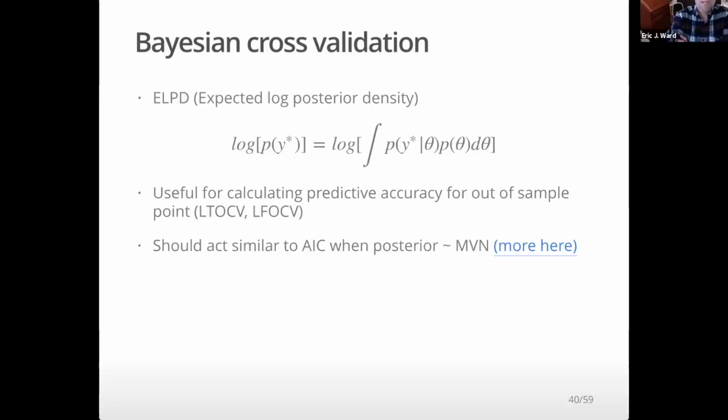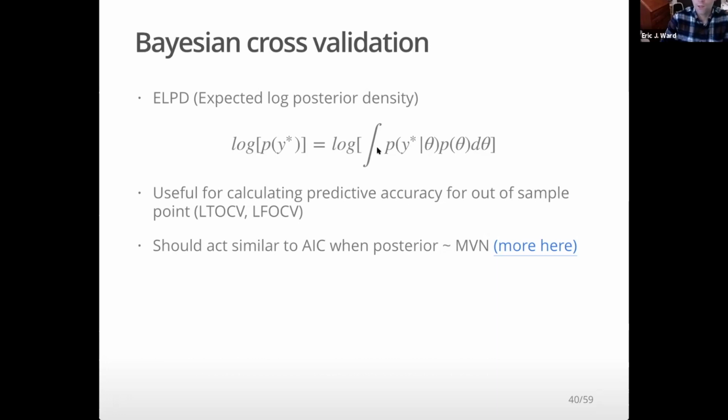Part of that cross validation in a Bayesian sense is the expected log posterior density. This is not something we need to get into, but it's essentially the log probability of future held-out data, given our posterior estimates of theta, or parameters, integrating over the parameter space.